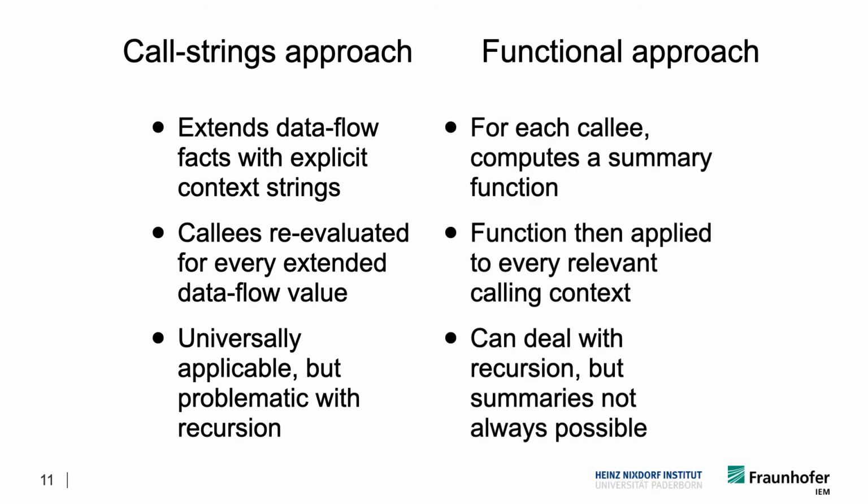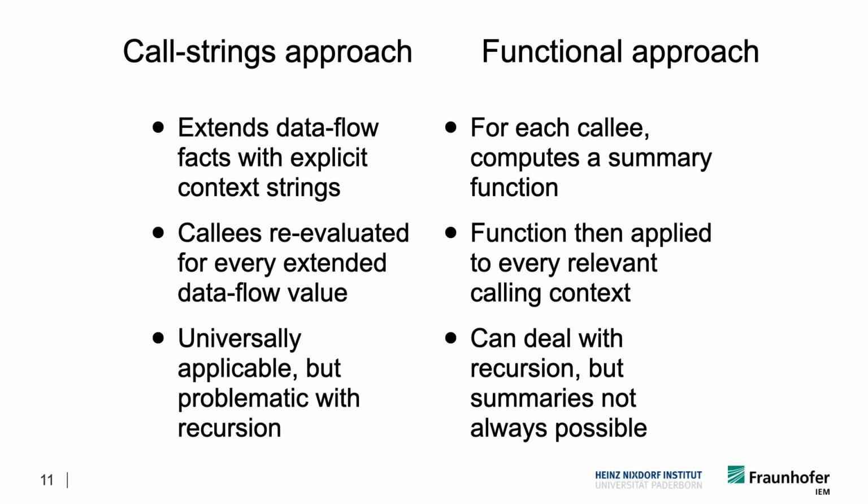Then there is the functional approach on the other side. There, the idea is quite different. In the functional approach, we want to compute for each callee, so each procedure that is called in the program, a summary function. That's why it's called the functional approach. Every procedure that I call is represented by a summary function, and this function represents the behavior of that callee independent of any possible input value.